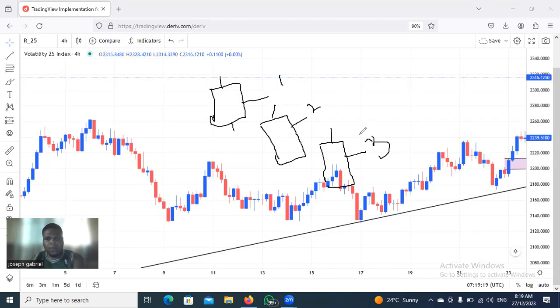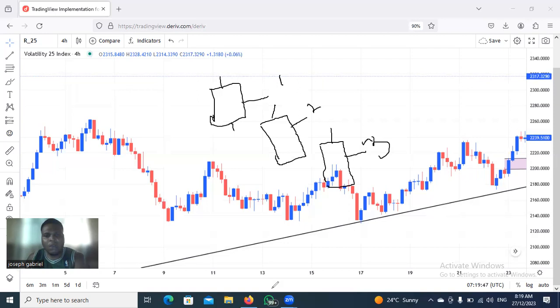Now, in the process of the fair value gap, these 3 candles are bearish candles. For the fair value gap, we need to connect the wick of this candle here and the wick of the previous candle here.